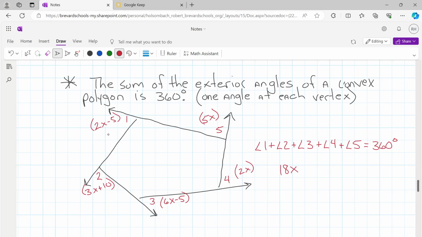Negative 5 and 10 gives us a 5. Minus 5 is 0, and no other constants with the expressions. So we just have 18x. And what does that equal to? 360. So just divide each side by 18. And our x is equal to 20.